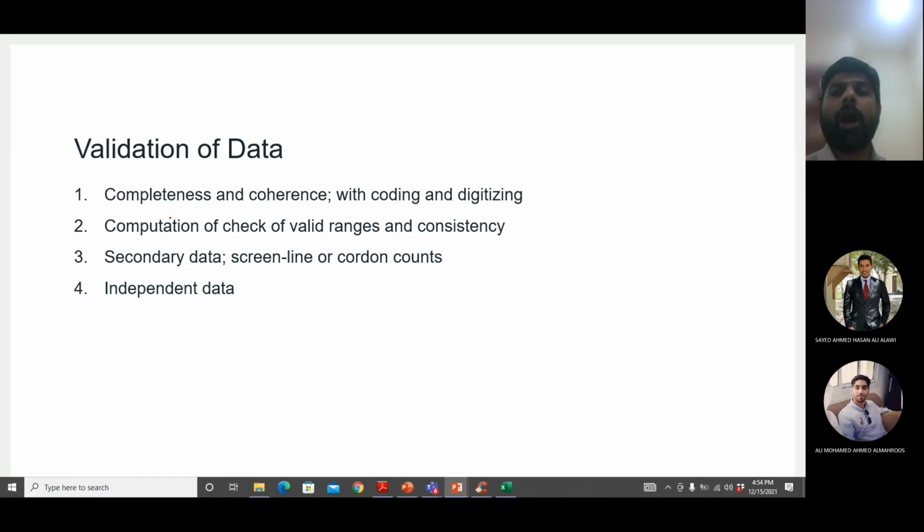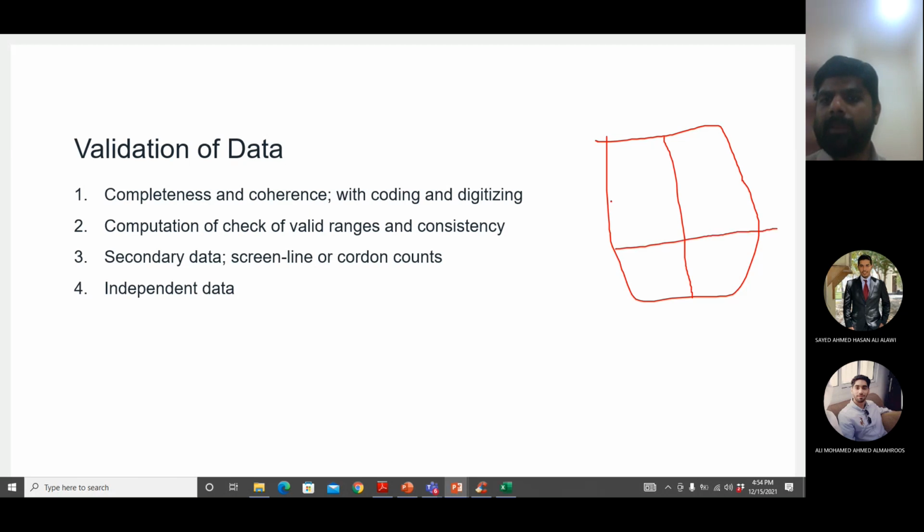Okay, so how do we do that? I have, for example, an area. Before I start the data collection, I will divide this area into zones and I will do coding for each zone. So let's say this is zone 1, 2, 3, 4, 5, 6, and so on.